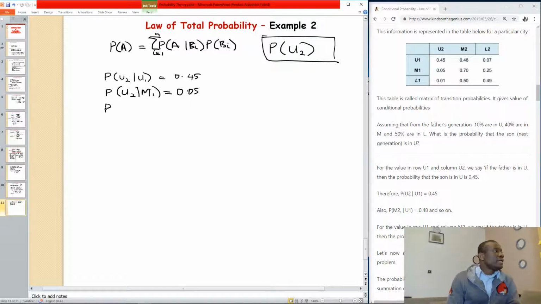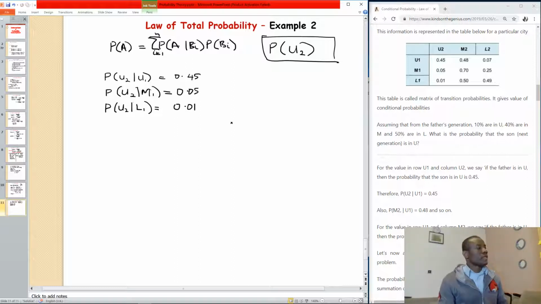And the probability of U2 given L1 is equal to 0.01. Now, is it possible for us to state the law of total probability using the formula that we have here? Let's see.